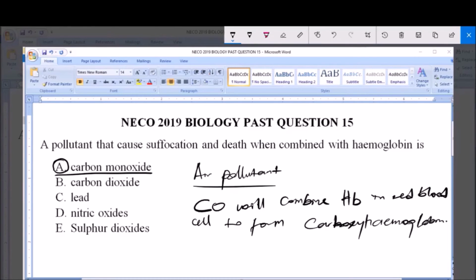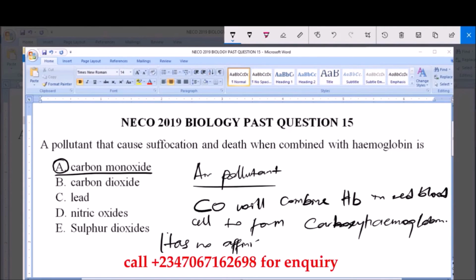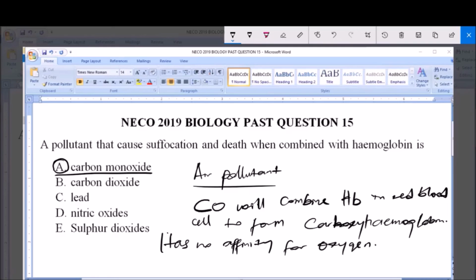Now, this carboxyhemoglobin has no affinity for oxygen, and like we know, oxygen is very important in humans, because the brain consumes a lot of oxygen.